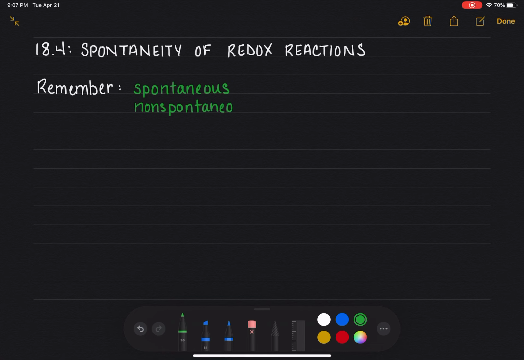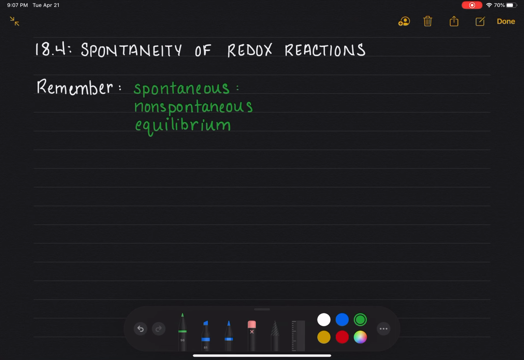We have to do something to make that reaction go, like maybe give it some heat. And then we have a third category, equilibrium. Equilibrium is not spontaneous and it's not non-spontaneous. It is a simultaneous back and forth reaction, forward and backward, moving at the exact same rate.